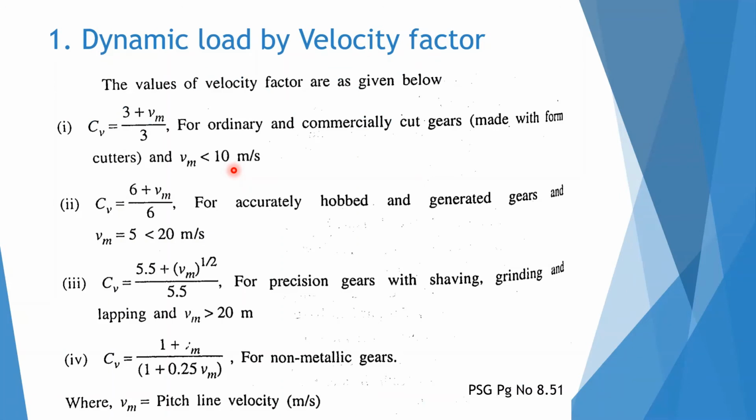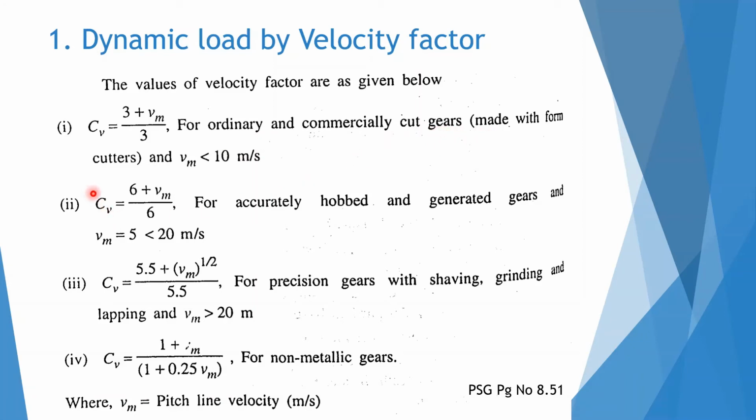There are so many equations for finding out the velocity factor. The first one is Cv is equal to 3 plus Vm by 3, and this equation is used when Vm, or the pitch line velocity, is less than 10 meters per second, and is used for ordinary and commercially cut gears.